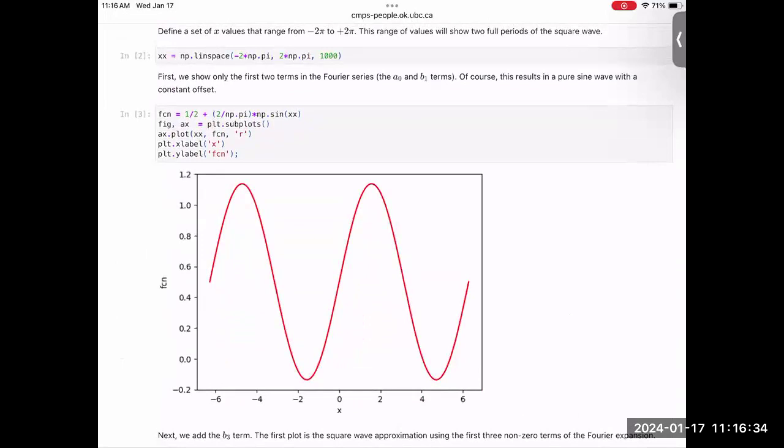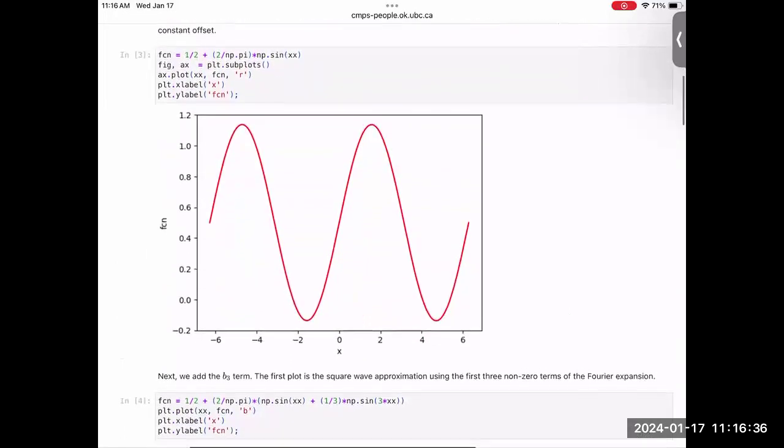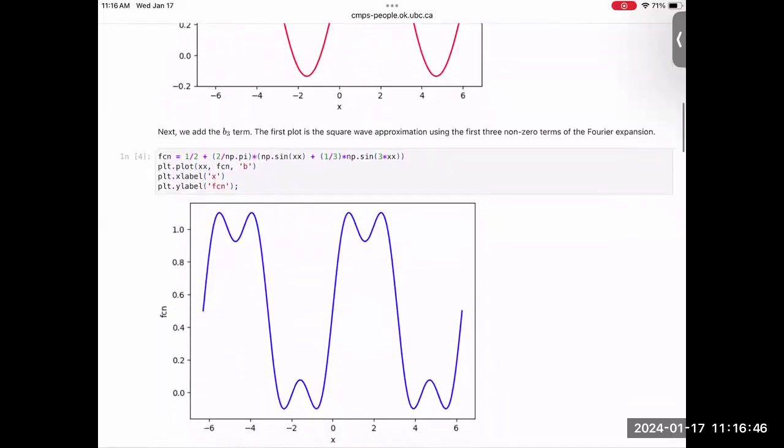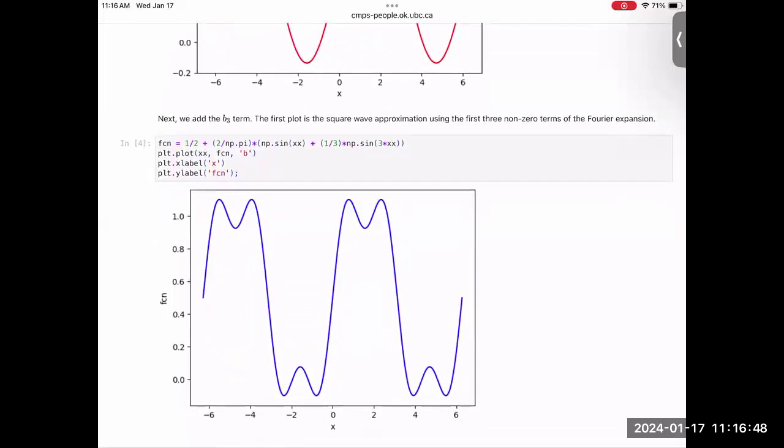Okay, then we're going to do a second plot. The second plot has the sine x term, but it also has the 1/3 sine 3x term. Okay, and when we plot that, it's still not a square wave, but these are a little more steep and these are a little more flat.